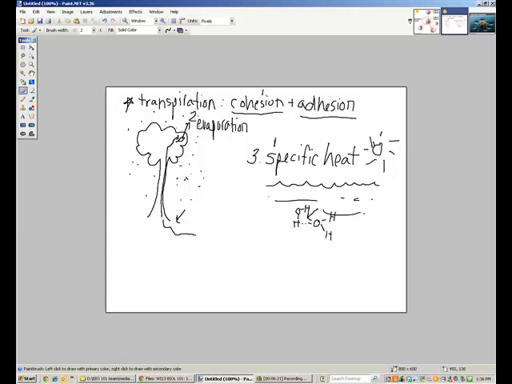We say that water has a really, really high specific heat because it has a high capacity for storing energy by way of heat. And so this actually helps regulate our climate on Earth. When you have a place like Bellingham where we have a large body of water, the Puget Sound, it moderates our climate because the heat from the day gets absorbed, and then at night it releases heat.